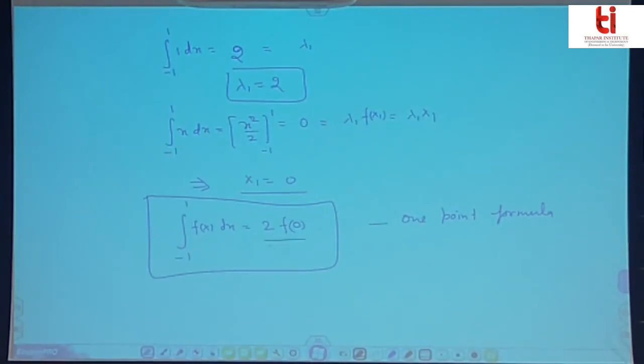So the error in this case will contain the second derivative of the function, as in the Newton-Cotes formula. Just keep in mind, this formula is equivalent to the trapezoidal rule. So we get the same accuracy. This simple formula 2 f(0) is very easy to apply.